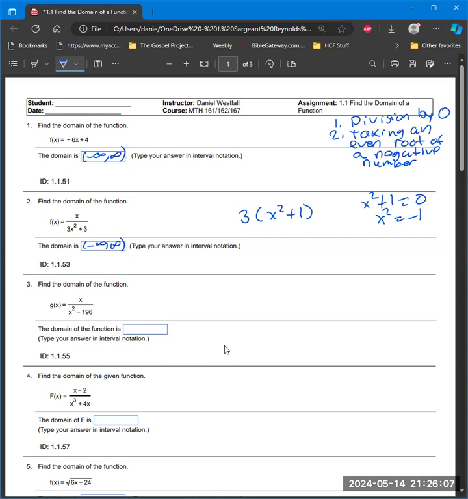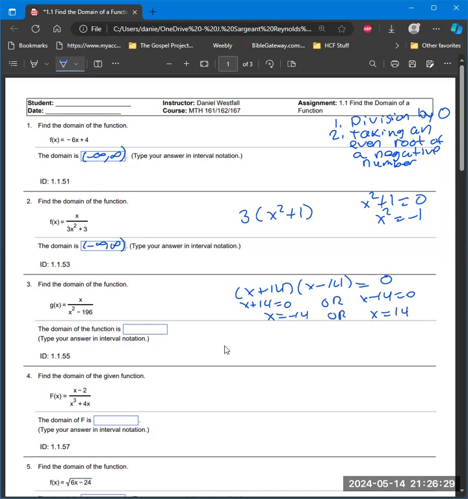Now I can factor this denominator into x plus 14 and x minus 14. When I set that equal to 0 and solve, x plus 14 equals 0, or x minus 14 equals 0, x equals -14, or x equals 14.